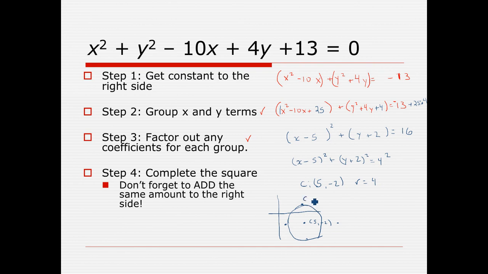Forget it though. 5 comma plus 4, 5 comma minus 4, 5 plus 4, and 5 minus 4. And again, it is a solid circle. No shading because of the equal sign.